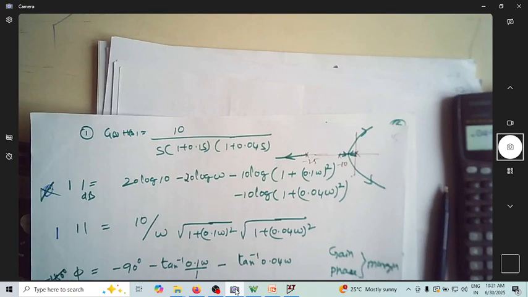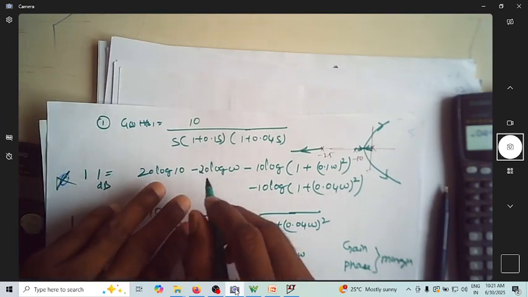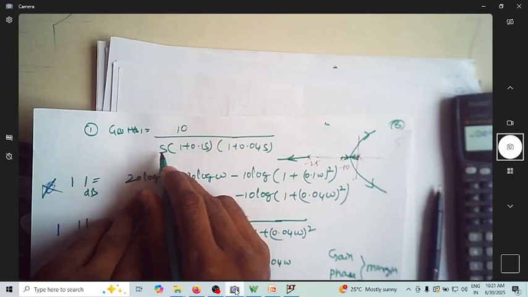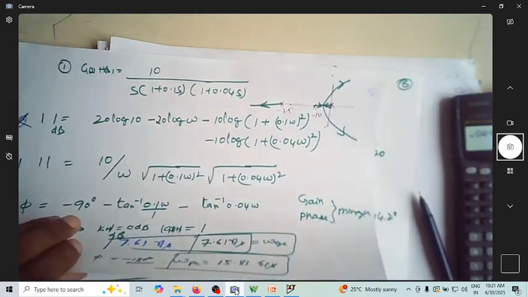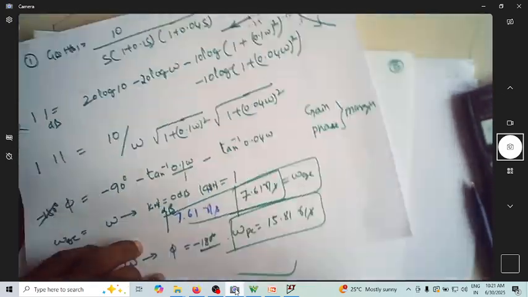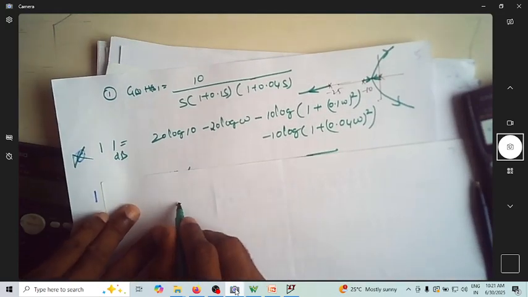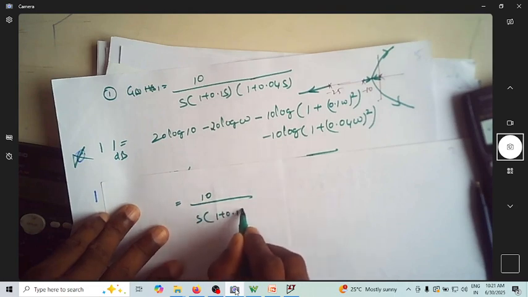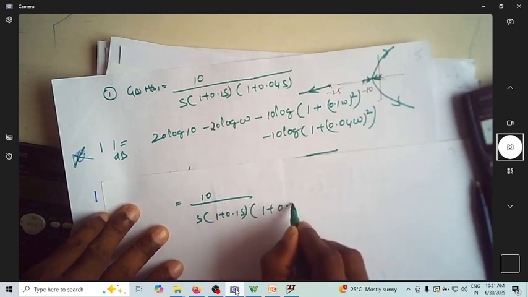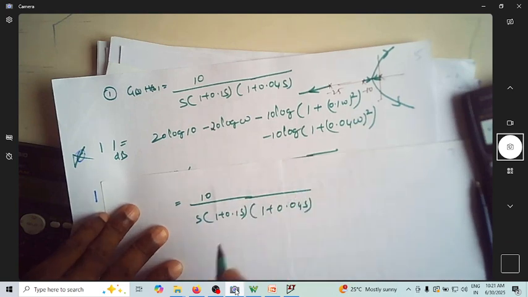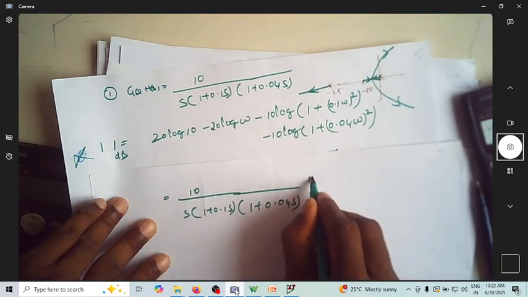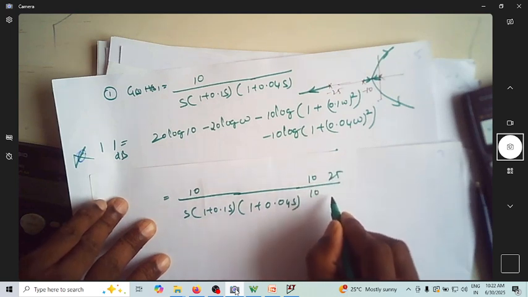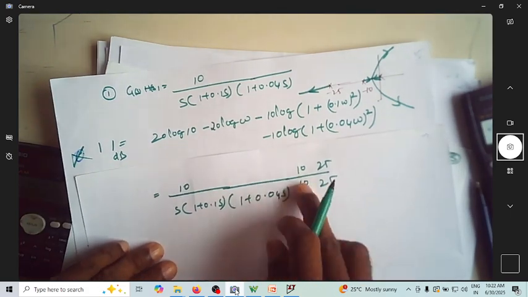What I'll do is multiply and divide it so that I get this in the right form. What do you have now? It is 10 by s into (1 plus 0.1s) into (1 plus 0.04s). I will divide by 10 and multiply by 25 and divide by 25. Any change? No change.